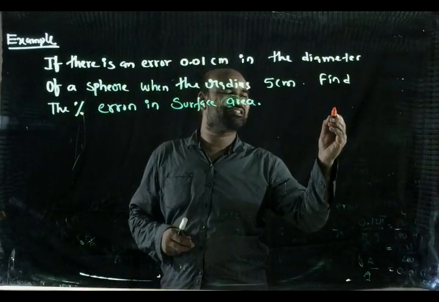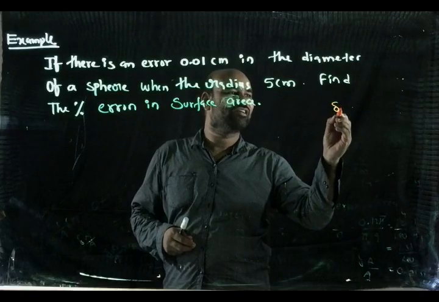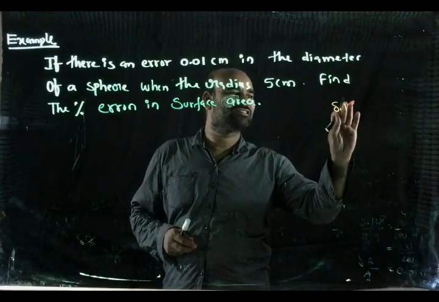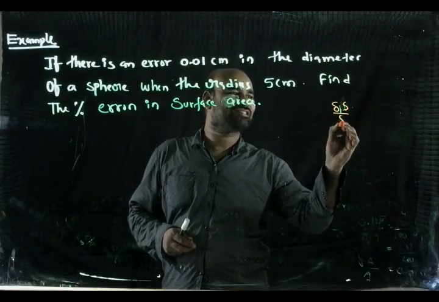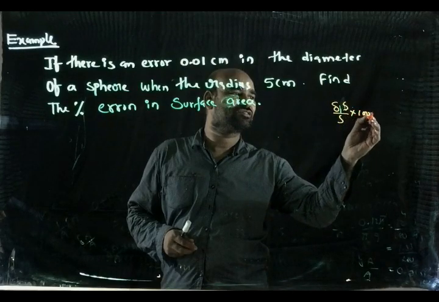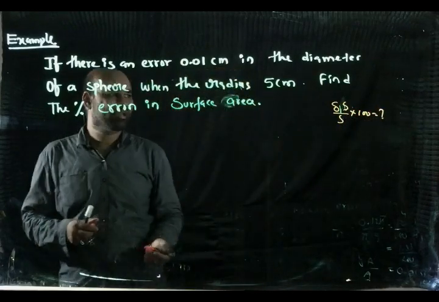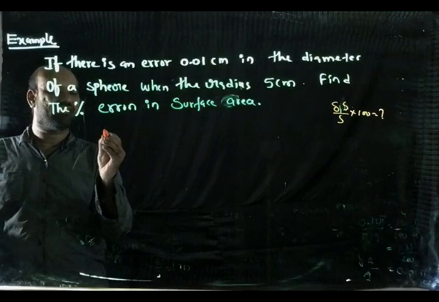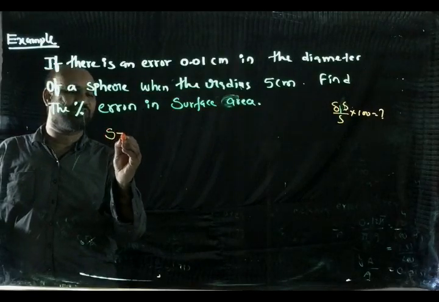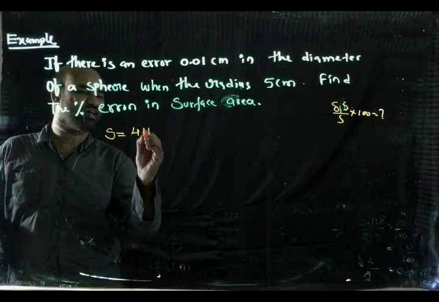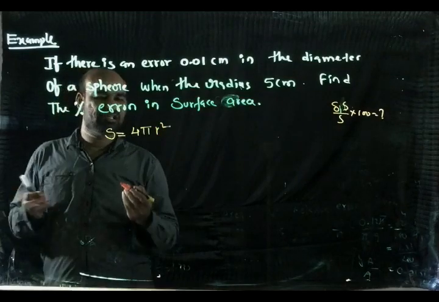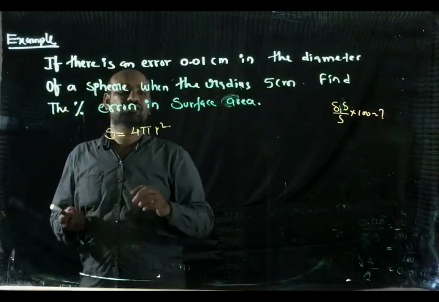For example, S stands for surface area, delta S by S into 100 you want. Okay, first of all I want the formula. Surface area of a sphere is 4 pi r square, S equal 4 pi r square.